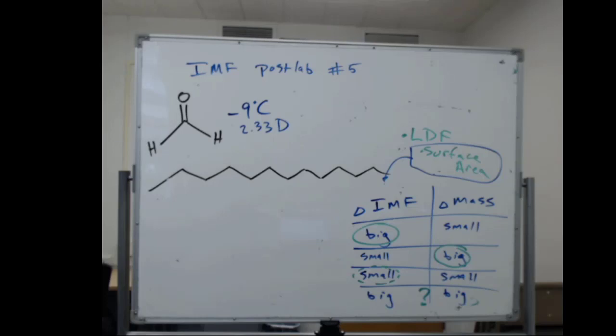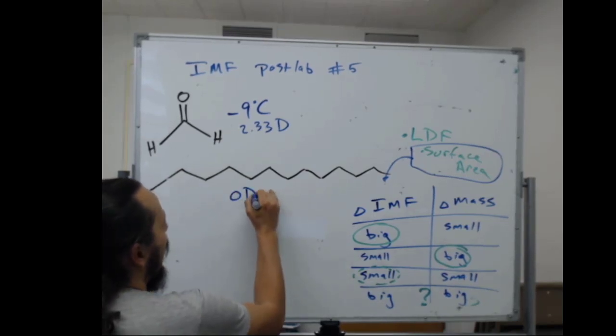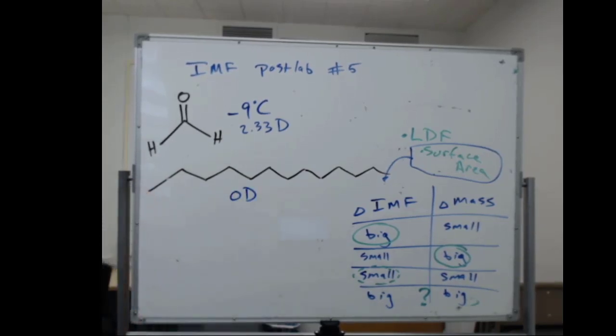However, if we go look at this tridecane, that's this long carbon chain that I just made, it has a 0 dipole moment. Do you want to just take a guess at what you think the boiling point's going to be, though?